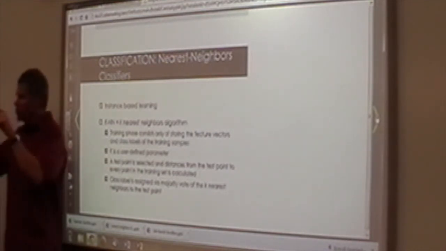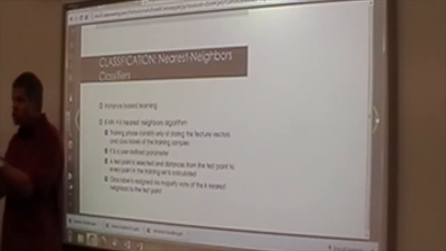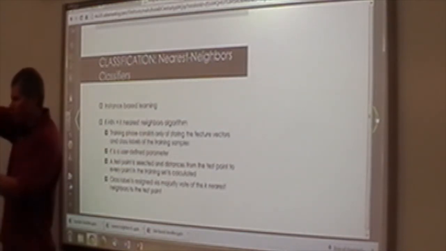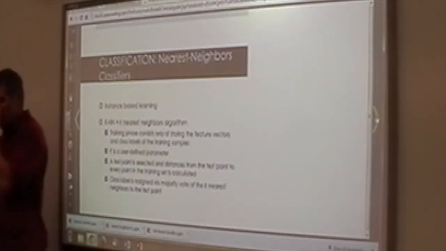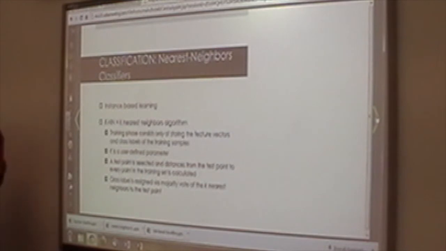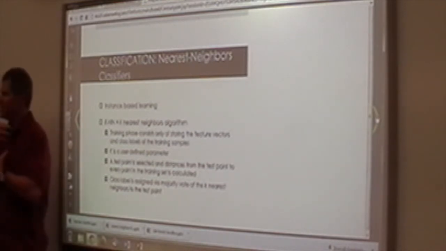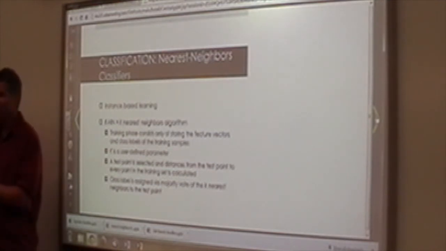And then you're going to assign a label to your test point by using majority voting from those k nearest neighbors. What do I mean by that? Well, how many students are here in Alamosa? There's 9. Okay, I'm maybe the test point, and you're going to classify me as either good or bad.